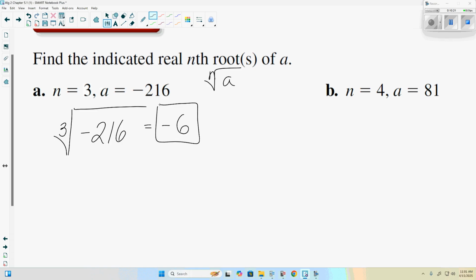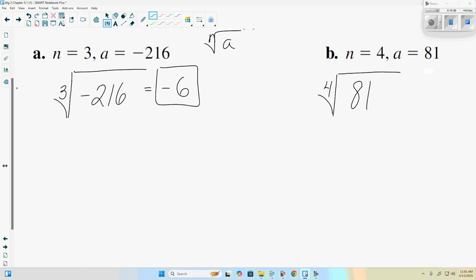So if we look at, say, b, the fourth root of 81. So we'd set up our radical. N would be 4, and our a value would be 81. Now we need to see what number times itself 4 times is 81. So let's factor tree.